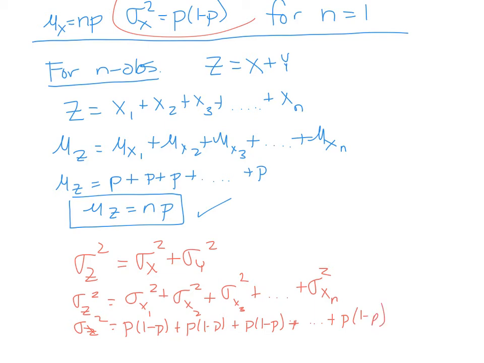So we have n p times 1 minus p's. So our variance for z is n p times 1 minus p's, which we can also write as np times 1 minus p.